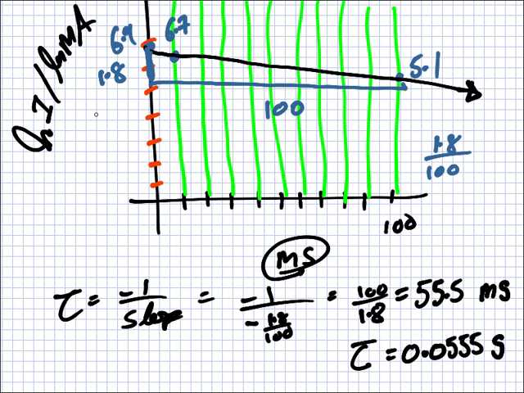How to calculate the slope? That is this over this, delta y over delta x. And because it's going down, it's minus. Let me think. You have this, Ben?